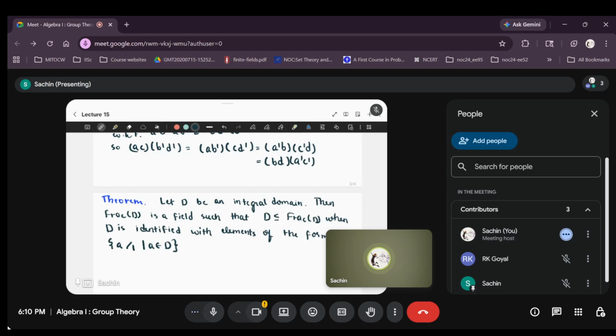So analogous to the set of rational numbers Q being a field where Z is a subring of Q, an integer 2 can also be written as the rational number 2 by 1. In that sense, each integer is contained in the set of rational numbers.